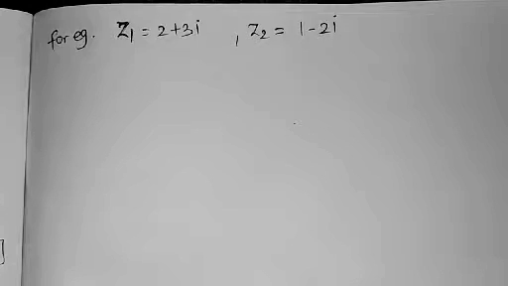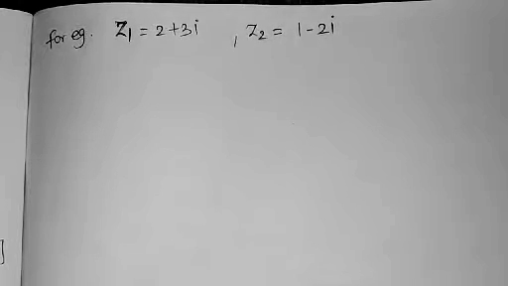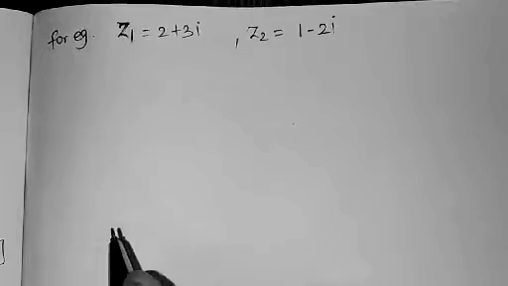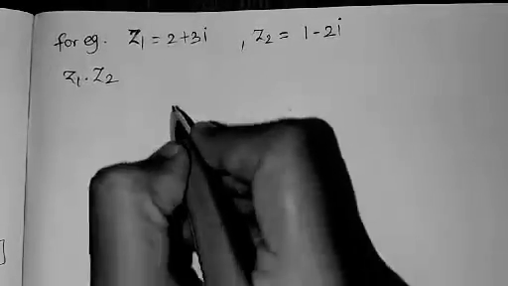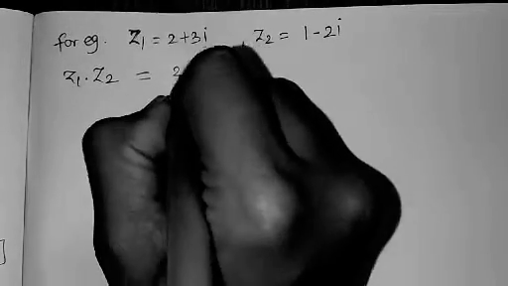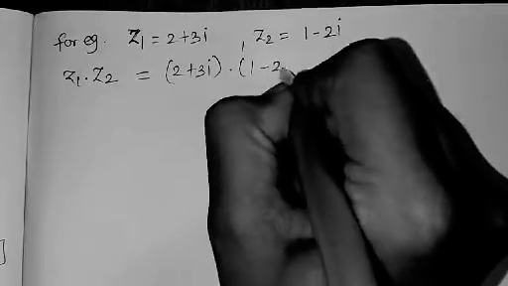Let's consider an example based on multiplication of two complex numbers. Here we have two complex numbers, z1 is equal to 2 plus 3i and z2 is 1 minus 2i. So we have to multiply these two complex numbers as z1 dot z2 or z1 into z2, which is equal to (2 plus 3i) into (1 minus 2i).